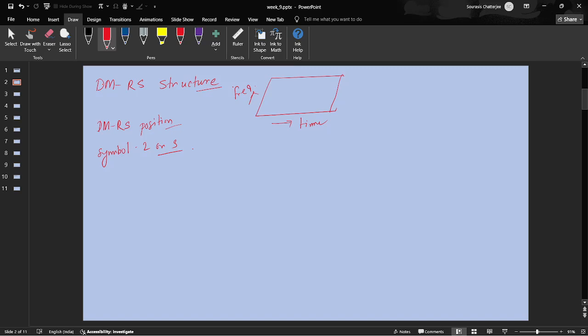Let's assume that apart from the PDCCH information over the first 2 or 3 symbols, the rest of the resource elements across the entire slot are occupied by my data only. So I decide to transmit the data first, and at the end of the slot my DMRS is scheduled. What is the problem I'm going to face in that scenario, and why is it not done in that way?